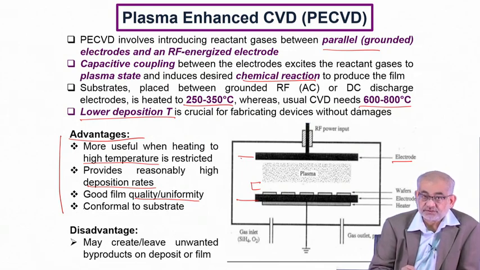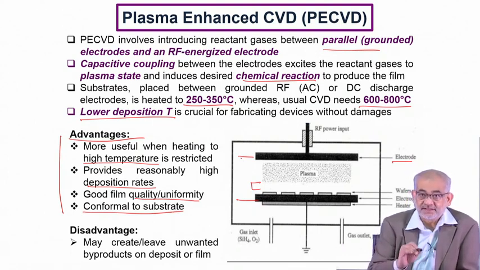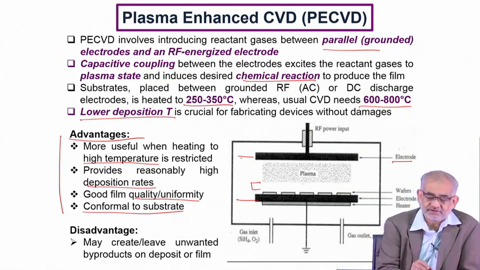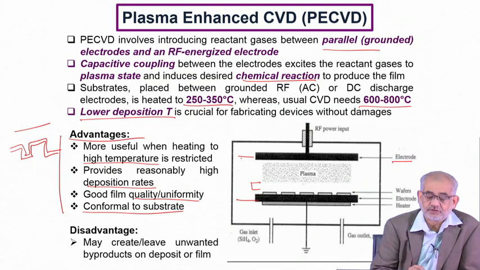And overall, the deposit that you form is much more conformal to the substrate, meaning dimension-wise, contour-wise, whatever you deposit will exactly mimic it. If you have a flat surface, there's no problem, but if you have a rough surface, the deposit that you form will also be fairly conformal to the substrate.